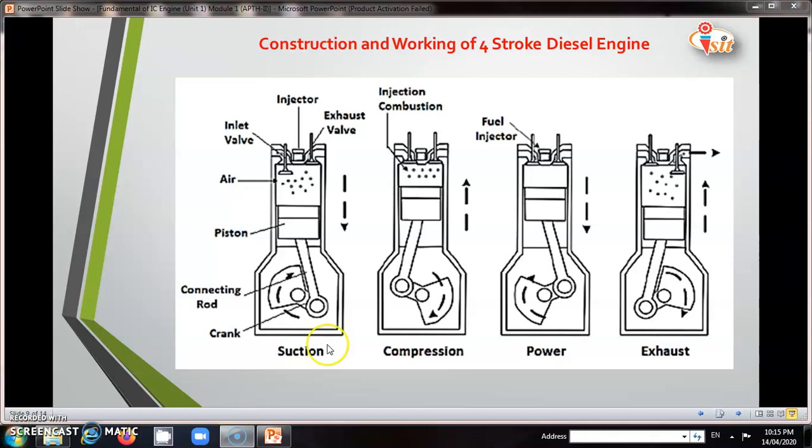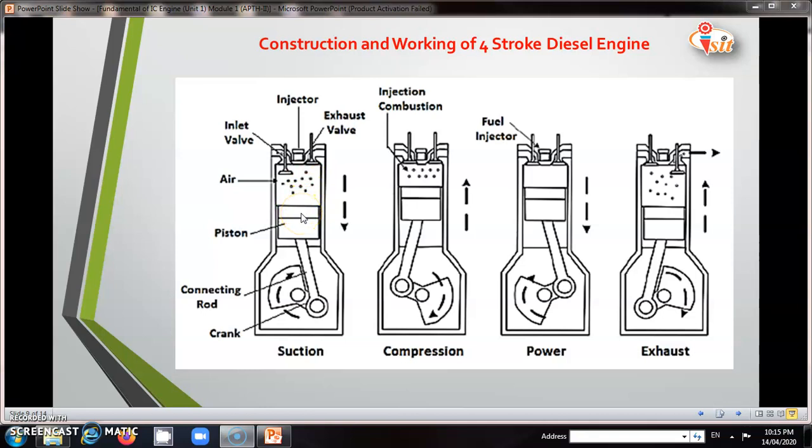Now in the suction stroke, when the crank rotates, the piston starts moving from TDC to BDC. At that time fresh air from the atmosphere comes inside and locates on the top side of the piston. In this case, the inlet valve is open and the exhaust valve is closed. The valves operate on the pressure difference.